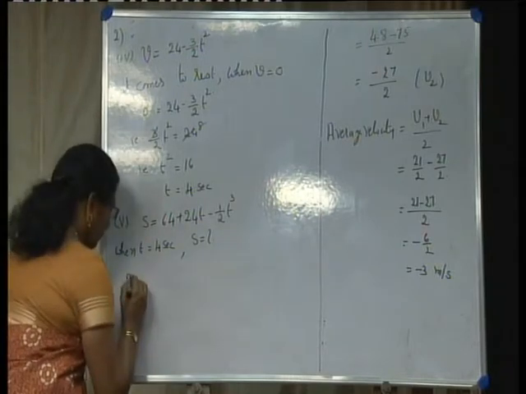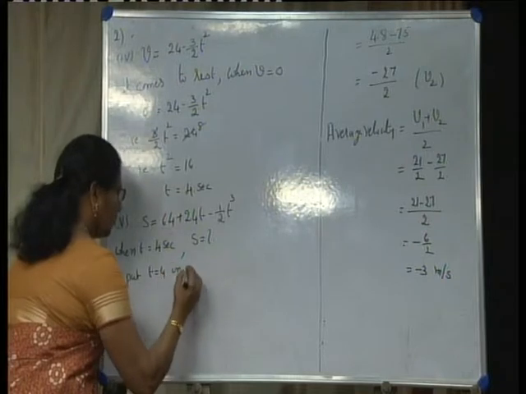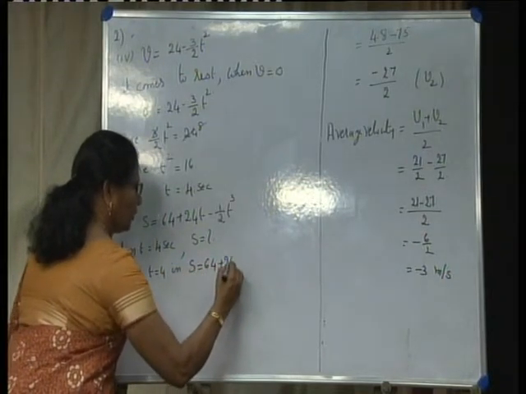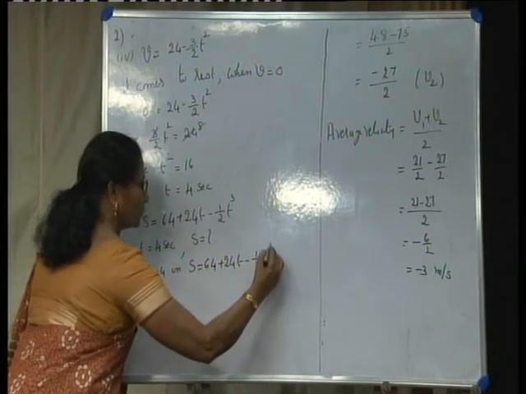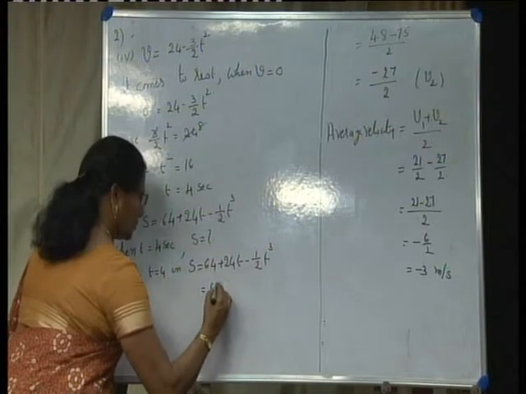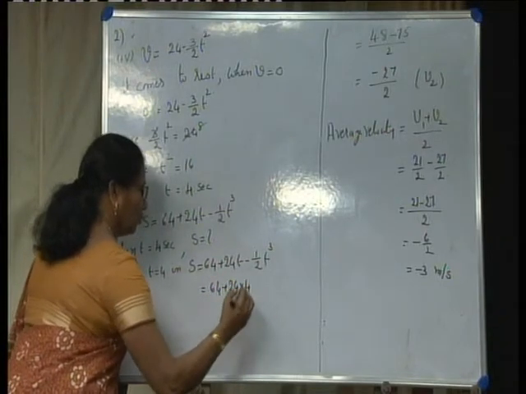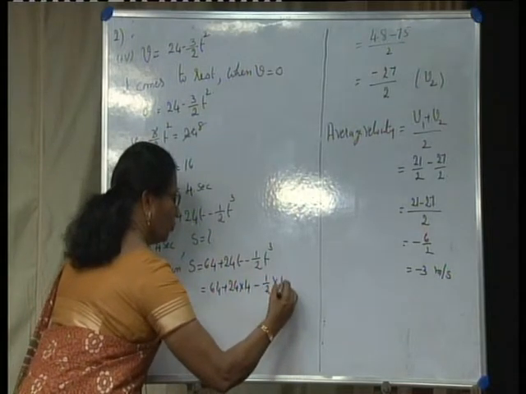Put t equal to 4 in the equation S is equal to 64 plus 24t minus (1/2) t cube. So, this is 64 plus 24 into 4 minus 1 by 2 into 4 cube.